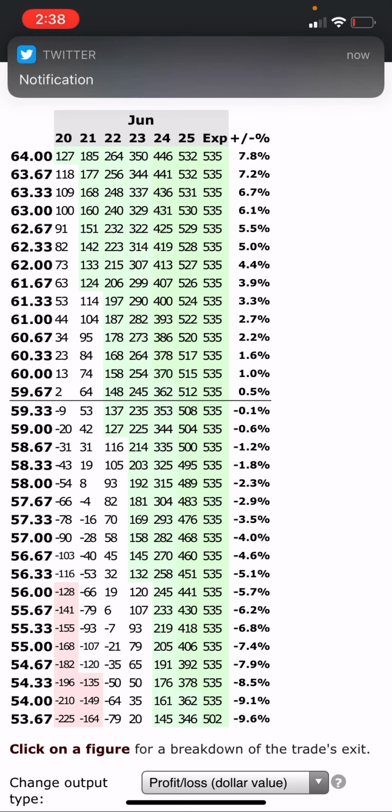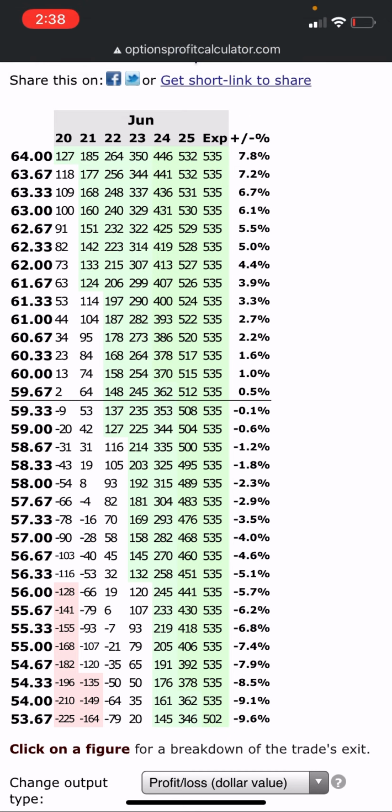So you still keep that $508, but you're obligated to buy 100 shares at, let's just say, I basically got the 59 put. So I have to pay for 100 shares at 59. But I don't want to get exercised. I want to take the money and run.